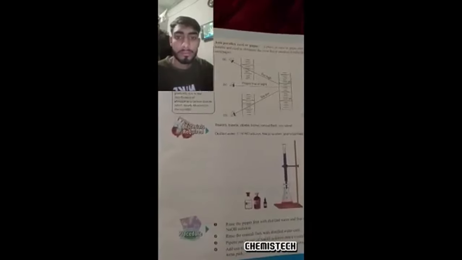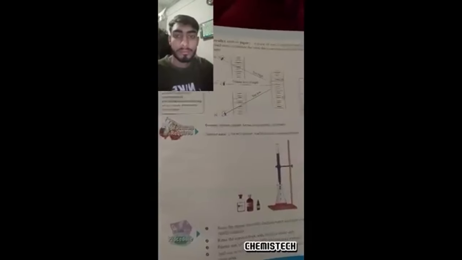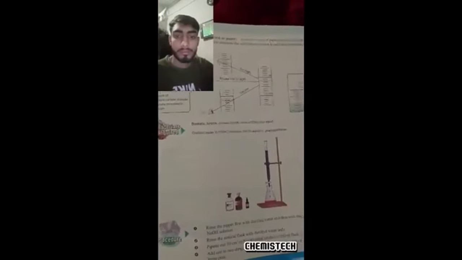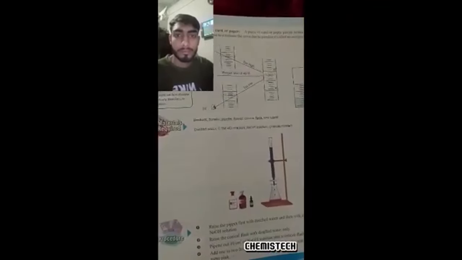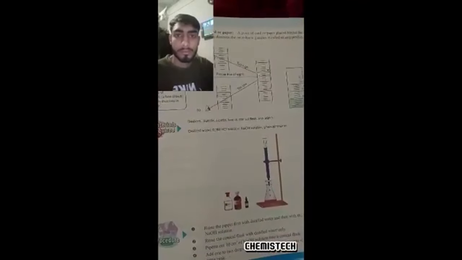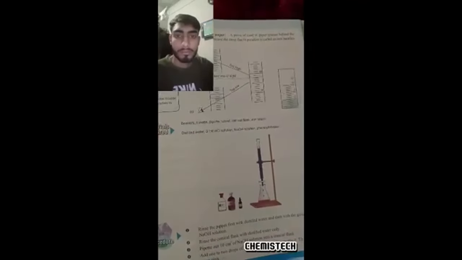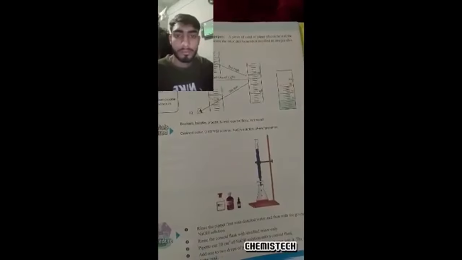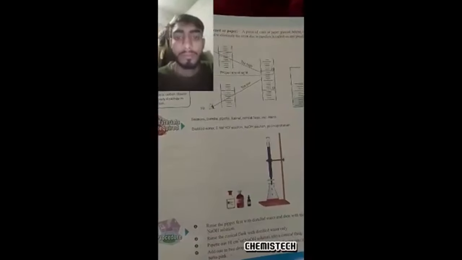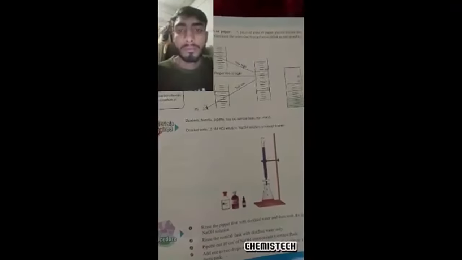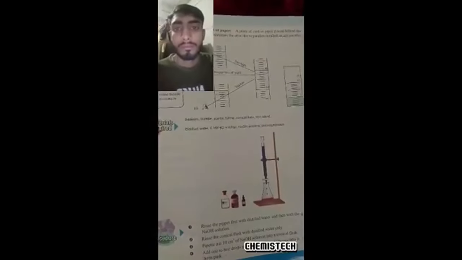Here are some diagrams about the anti-parallax card or paper. A piece of card or paper placed behind the burette and used to eliminate the error due to parallax is called an anti-parallax card paper. Proper line of sight, too high, too low.